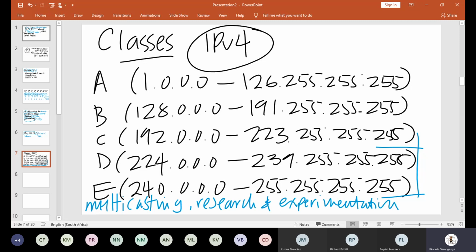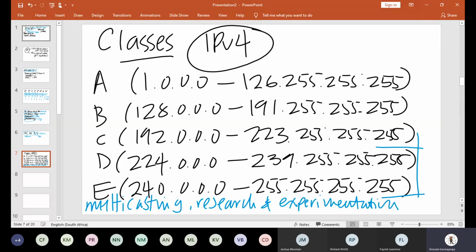And as you can see, if you look at classes B all the way to E, you'll discover that there is some kind of sequence in terms of what ends and then the next starts the distinctive range.